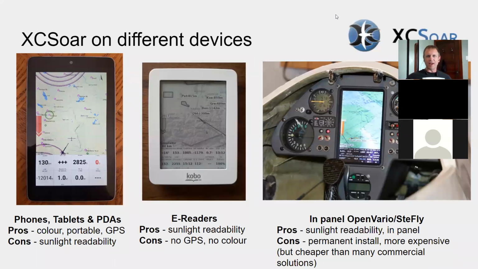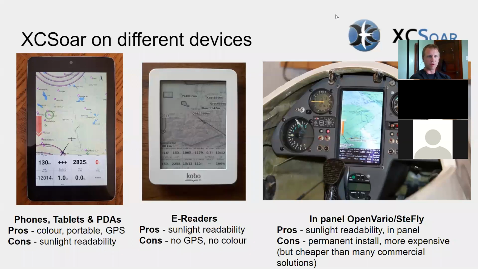So I'm going to go over the main devices that are available to run XCSoar on. I've put it into three categories here. We have phones, tablets, and PDAs, which are probably the most common. The PDAs are the older technology, but I know some people are still using those.